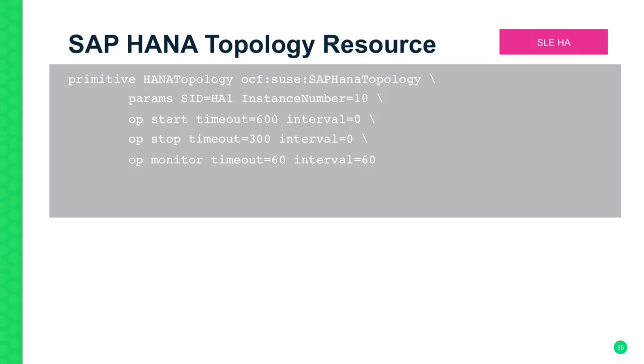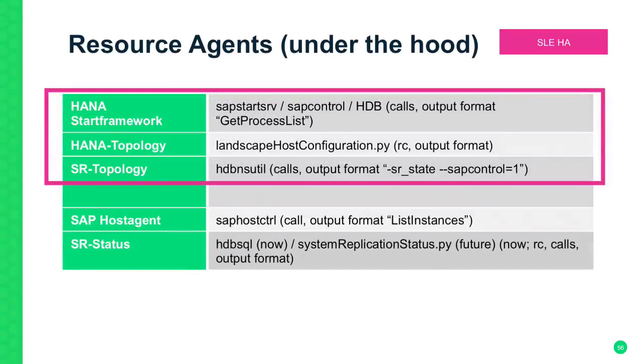Now that resource will always run. It might not understand the messages it's getting back. It might be getting complete garbage back from whatever it's running, but the resource itself will always run quite happily. In terms of what it's doing under the hood, the HANA topology resource is just running some SAP scripts. So anybody that's deployed HANA will recognize some of these calls that we make into the OS.